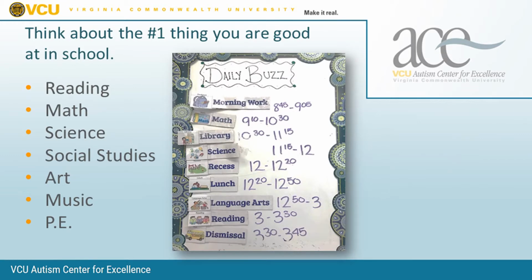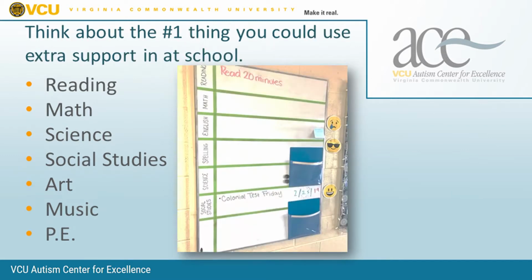So we think about things that they're good at in school. We have those conversations with our students and say, what do you like? What do you not like in school? Because it gives us insight into their learning, and it helps them reflect on things that they enjoy at school and maybe come to terms with what they can work on to help them through the day.